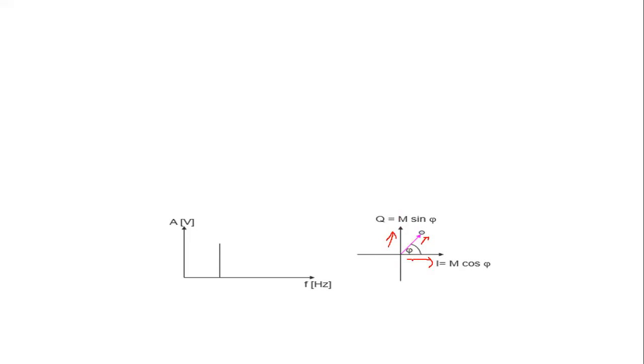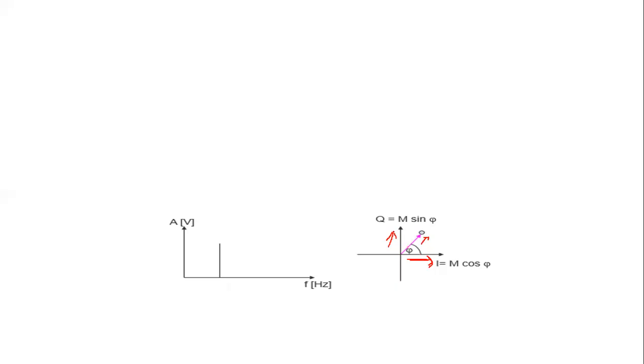This is the normal signal which is passing through the origin. In this case it is called the in phase signal.